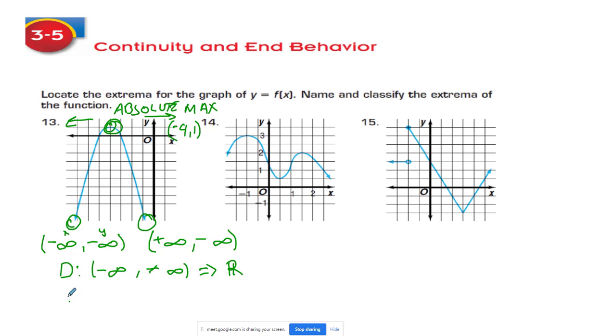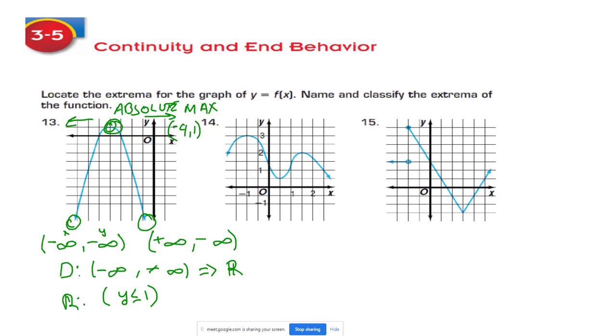But for the range, y is always going to be less than or equal to 1. The highest that y gets on the graph is a positive 1. So those are some things that we need to bring out that go with a graph that looks like this upside down parabola.